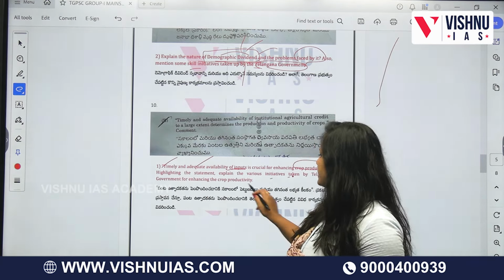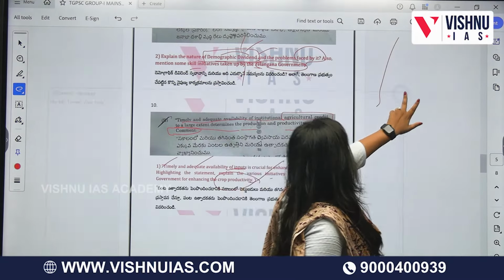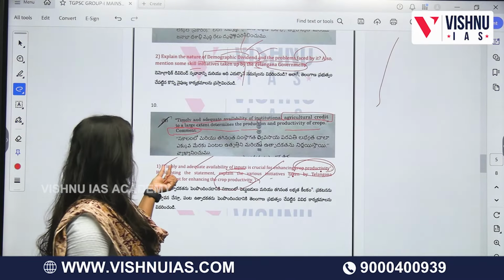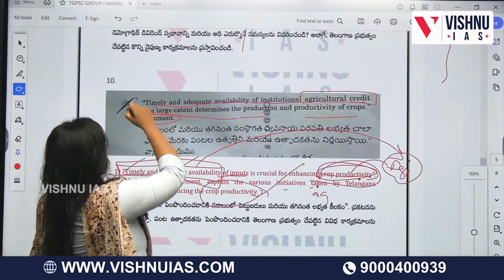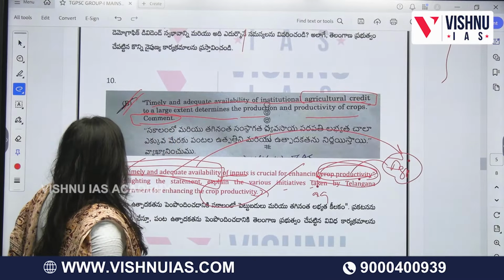Comment. Here we asked our students about timely and adequate availability. We focused on the keywords of agriculture, crop productivity, general agriculture. One who links these keywords with this topic can easily tackle this kind of questions.